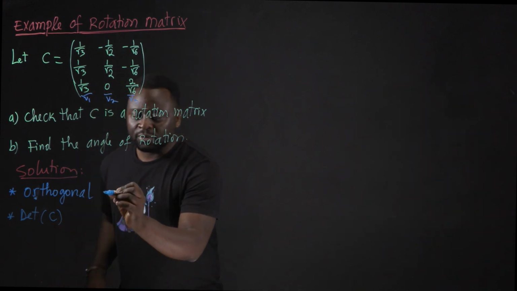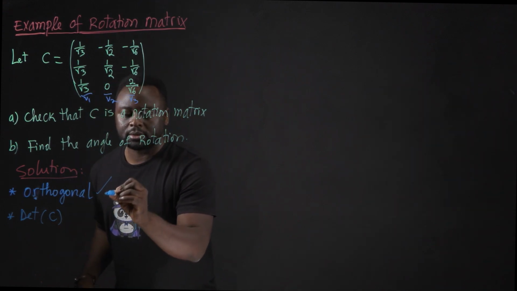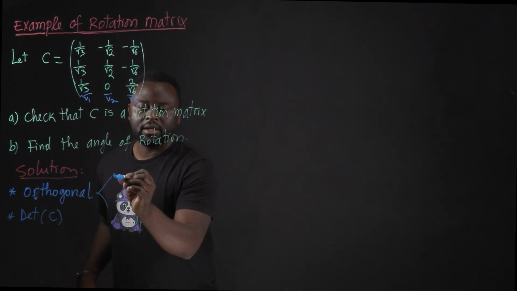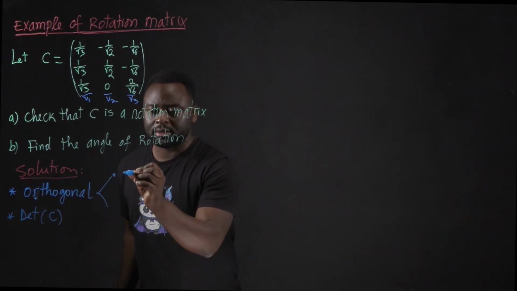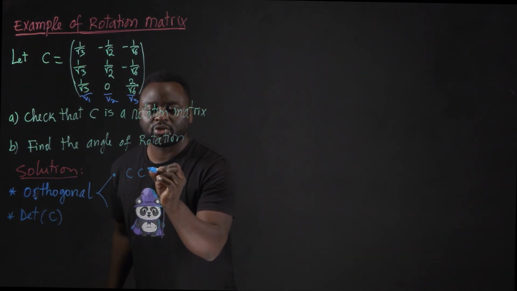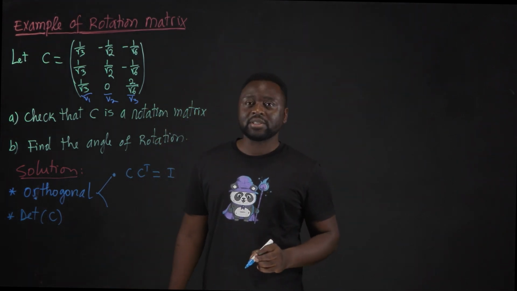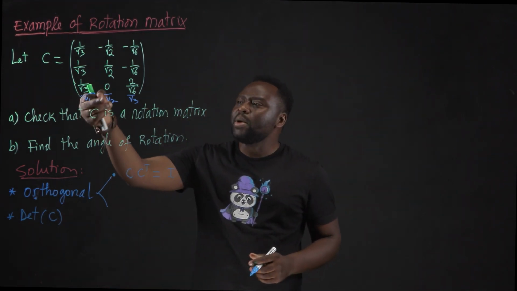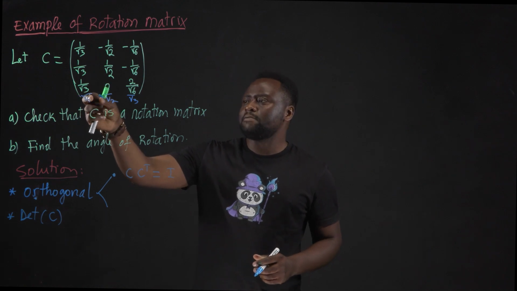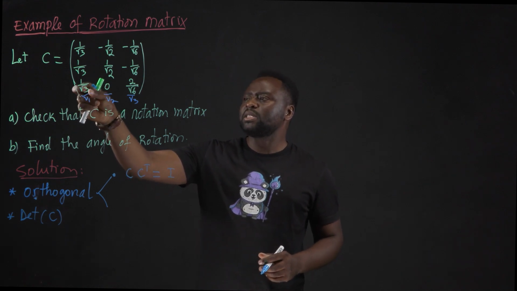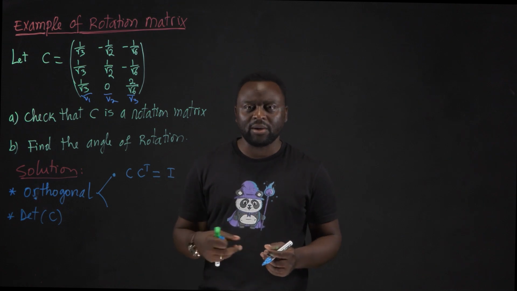Okay? So for the first step, you have two options. The first option, you can show that C times C transpose is equal to the identity matrix. Or for the second option, you can show that the vectors forming the matrix C are mutually orthogonal. What does that mean?